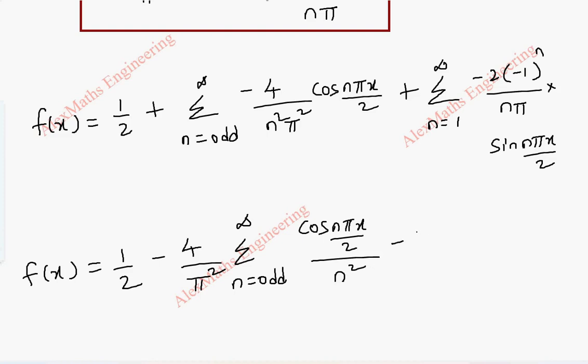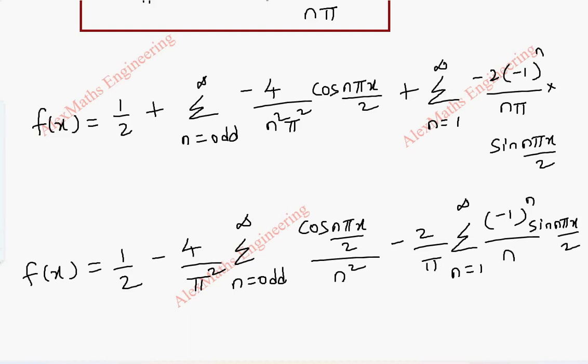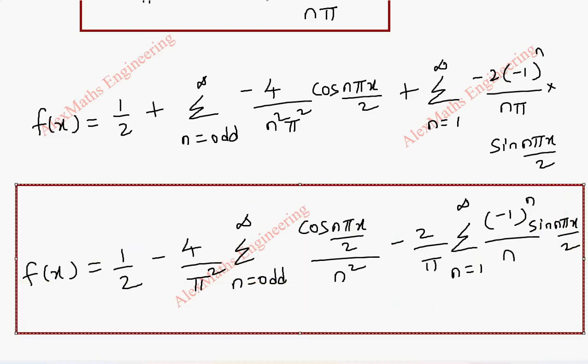Then here minus 2 by pi can be taken outside. Now this is summation n is from 1 to infinity, minus 1 whole power n by n into sin n pi x by 2. This is our required Fourier expansion for the given function f of x.